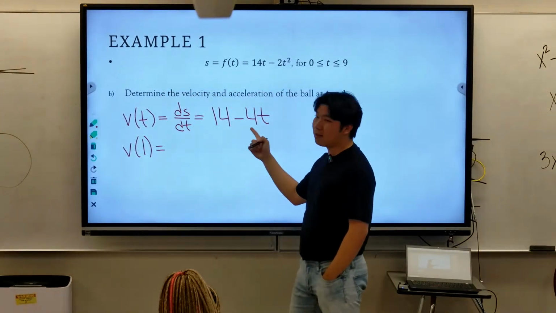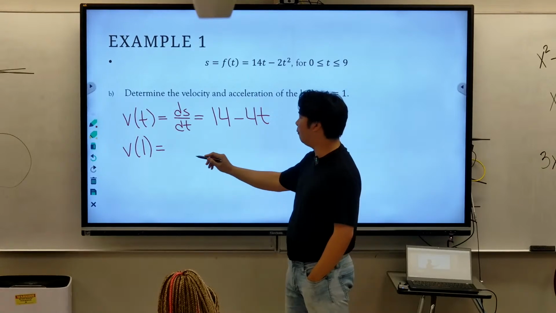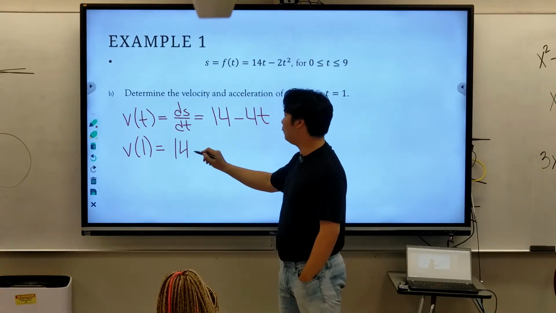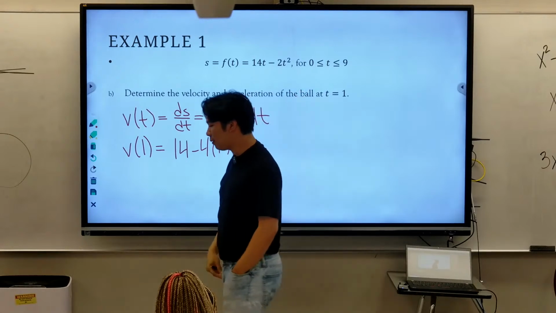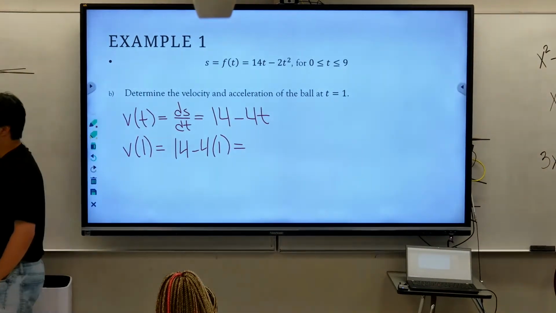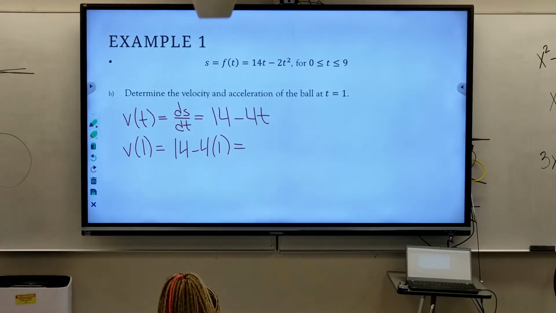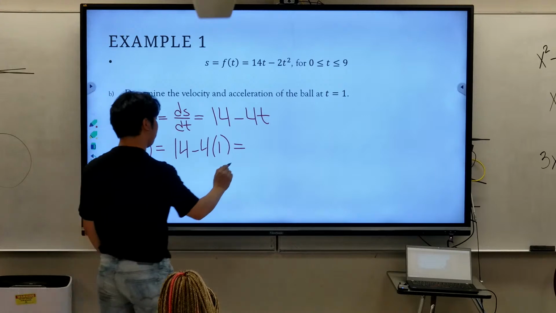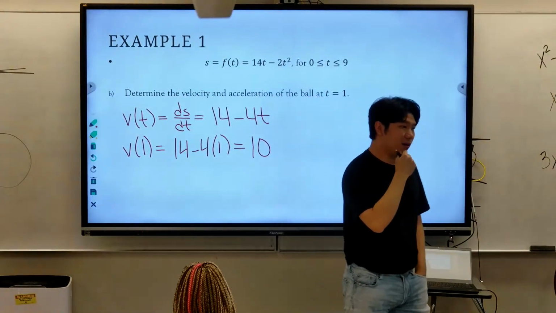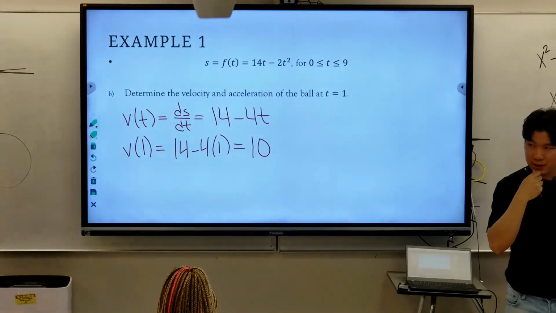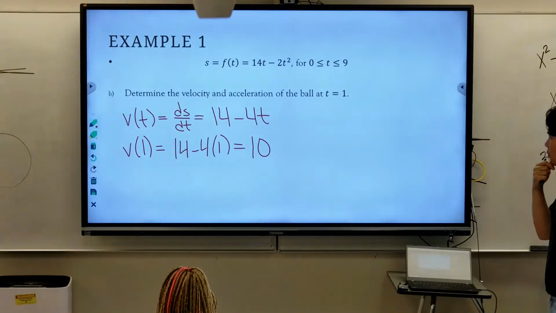Well, v of 1 means replace that t with a 1. So I get 14 minus 4 times 1. 4 times 1, I get 4. And then 14 minus 4, I get 10. So my velocity after 1 second is 10.